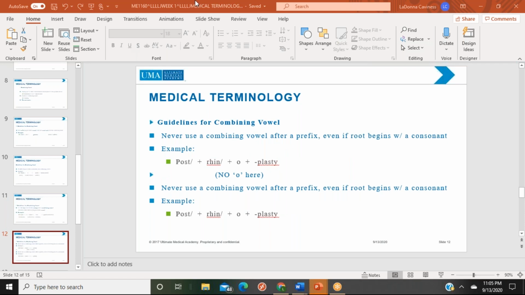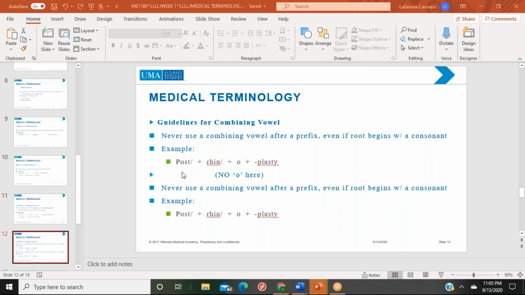All right, guidelines for combining vowels. Never use a combining vowel after a prefix, even if the root begins with a consonant. Example, POST plus RHIN plus O plus PLASTY.